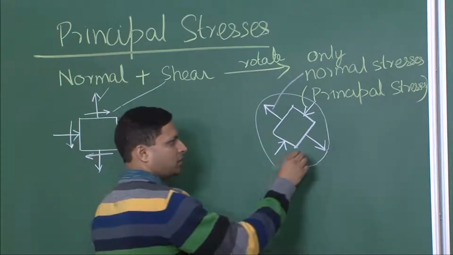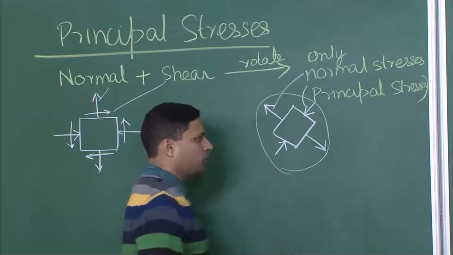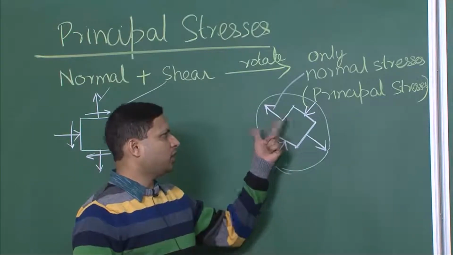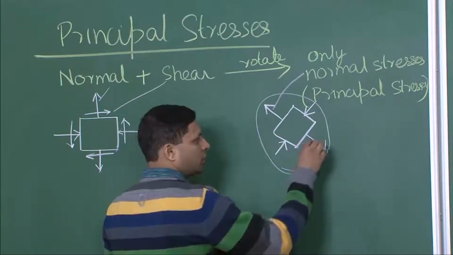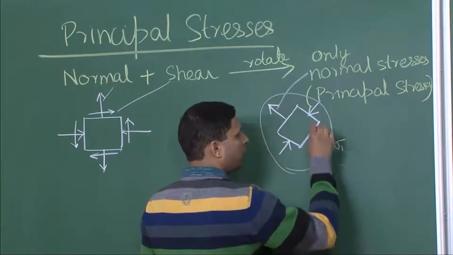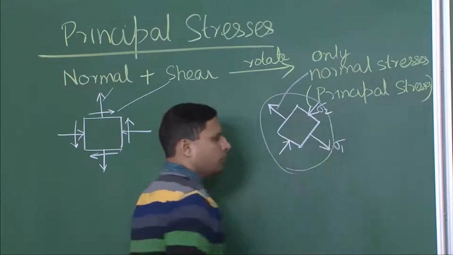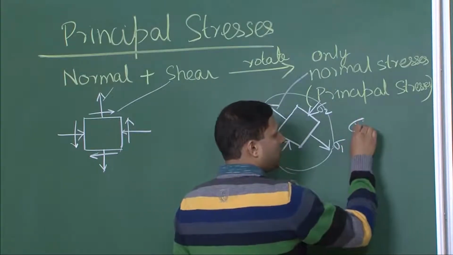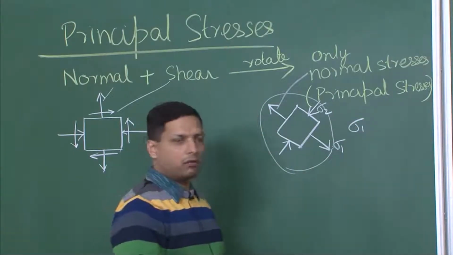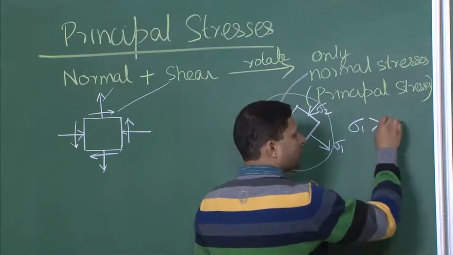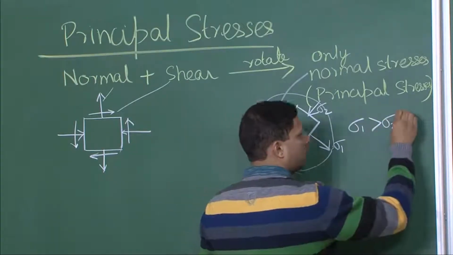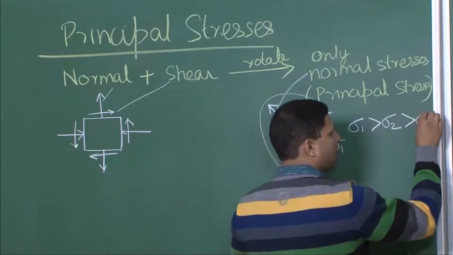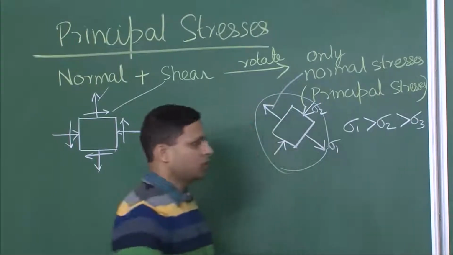We are talking in 2 dimensions, so here you will have two principal stresses, one called sigma 1 and the other called sigma 2. The convention we follow is that sigma 1 is the highest, then sigma 2, and in case we are talking in 3 dimensions you will have 3 principal stresses, and the third will be called sigma 3.